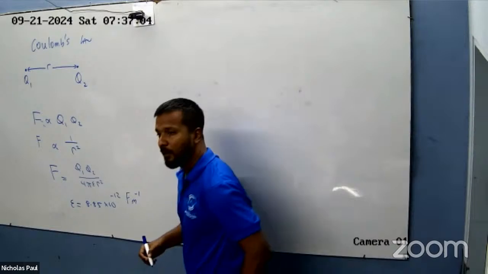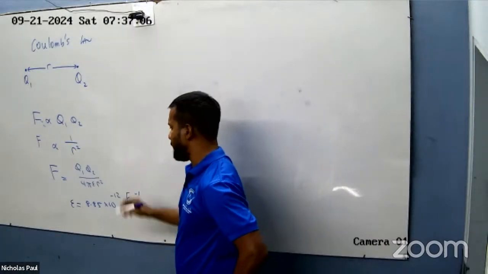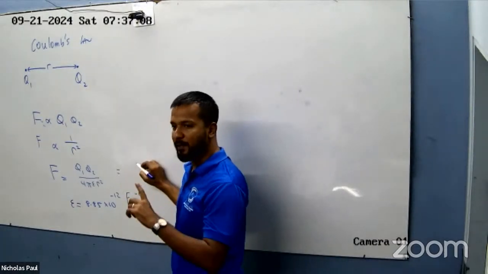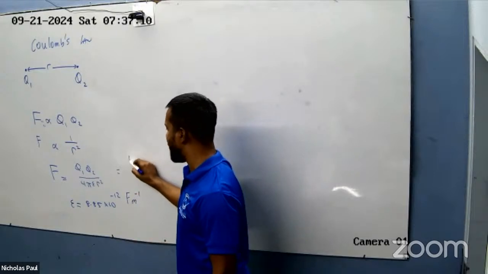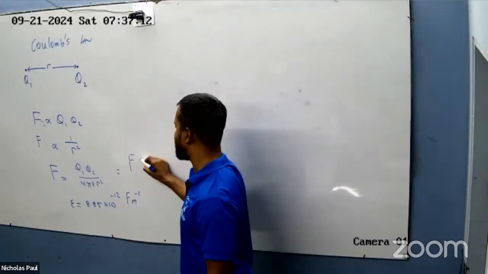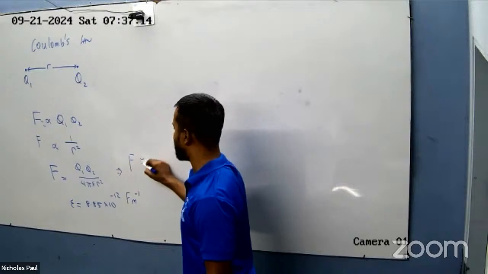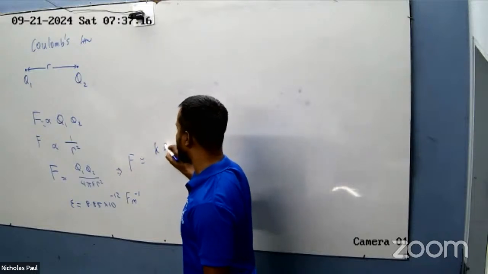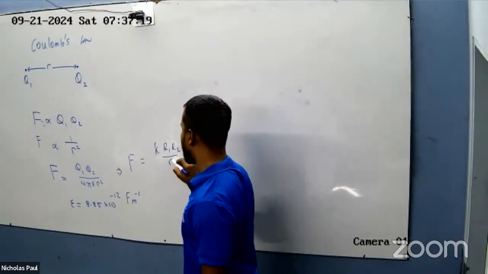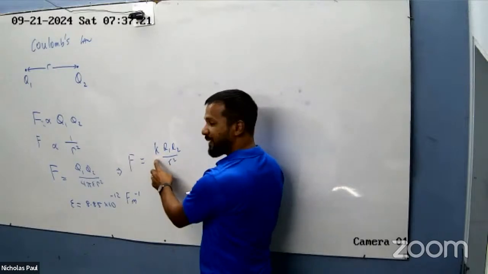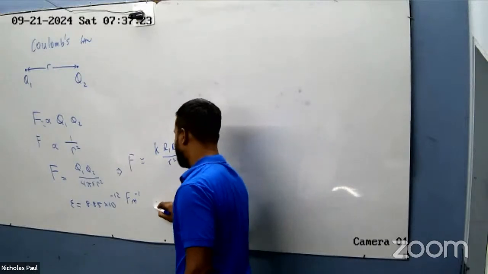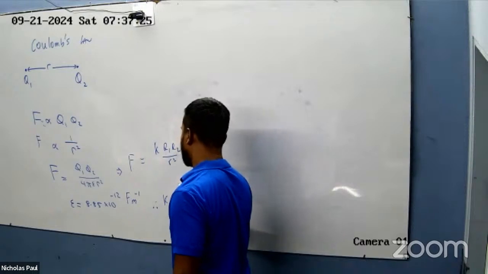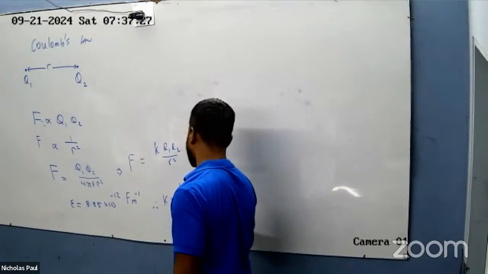Sometimes if you look at the front of the paper, you might see that F is equal to K Q1 Q2 over r squared, and that K value is equal to 1 over 4 pi epsilon.